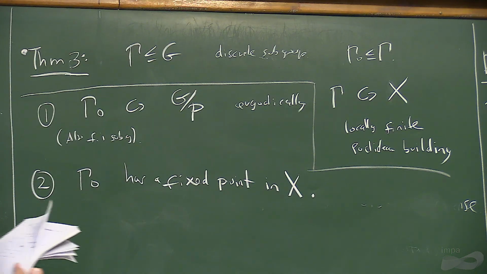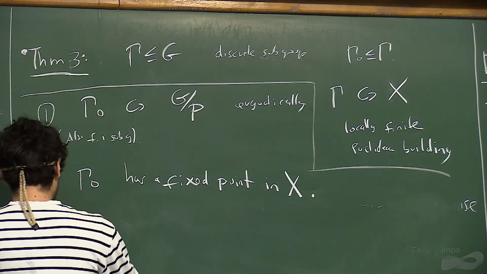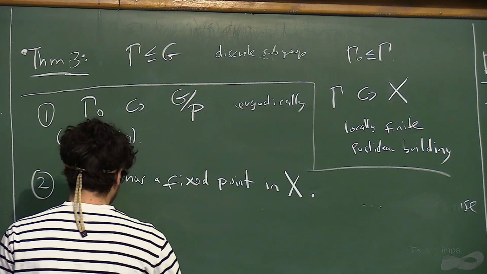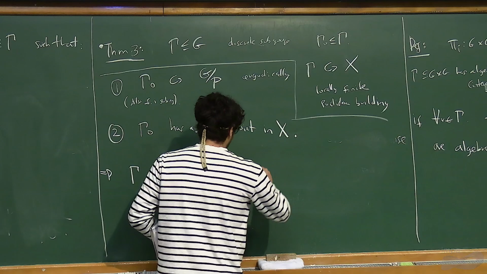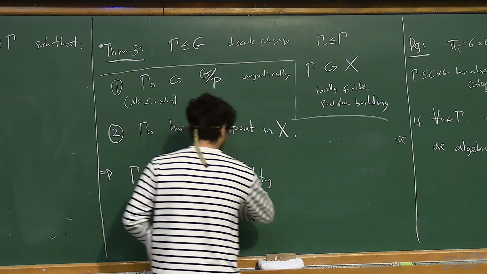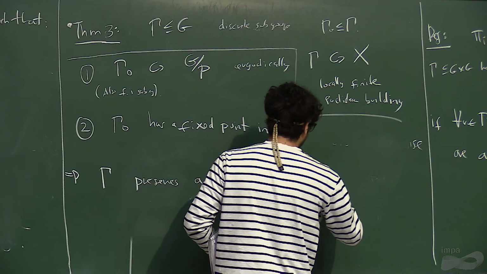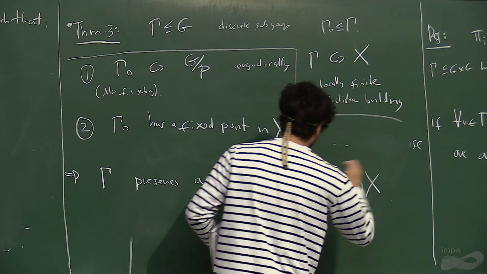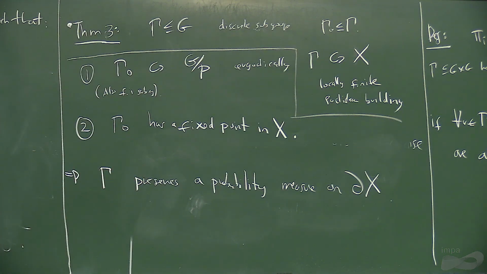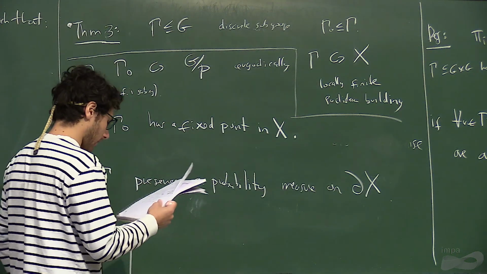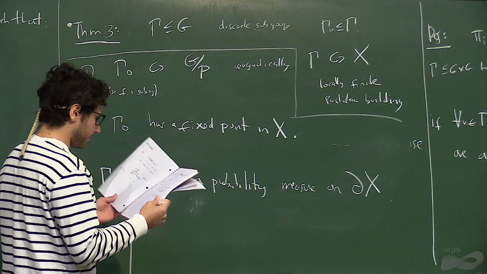But this is not exactly what it's saying. It's like saying that gamma preserves a probability measure on the boundary of X. But you should think of it as gamma fixing a point in the interior of X, or maybe a point in the boundary of X.